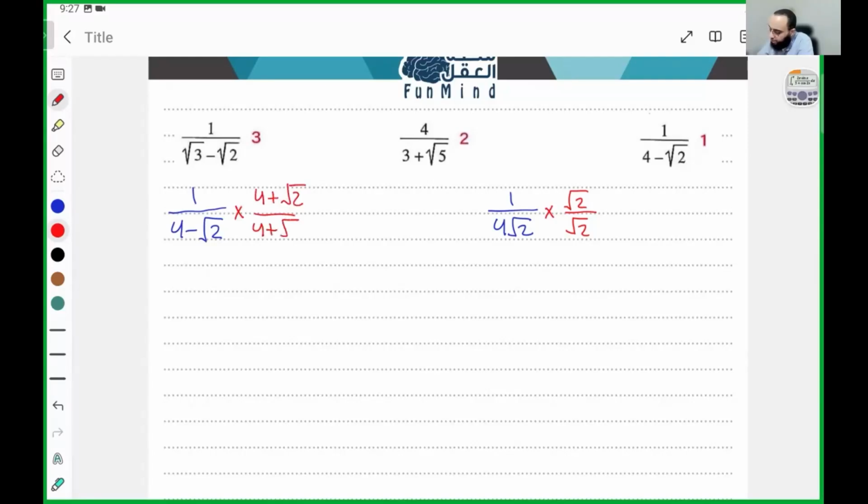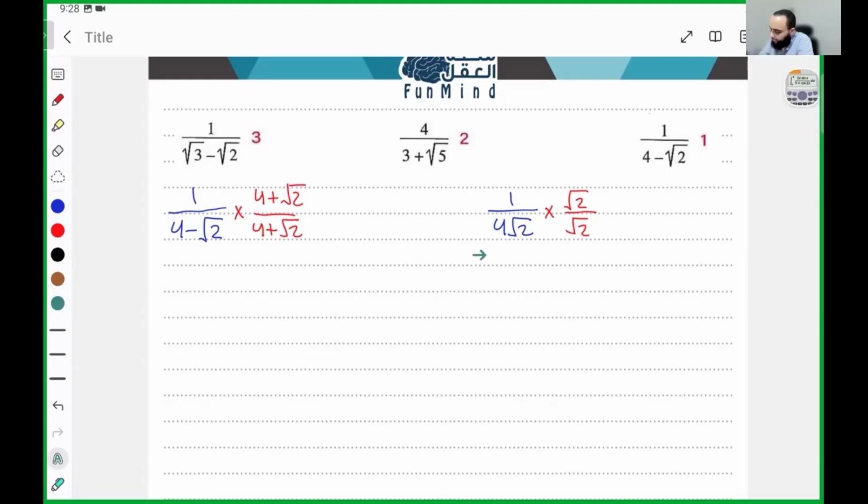What's the meaning of the conjugate? If it is 4 minus root 2, then you have to multiply it by 4 plus root 2 up and down. If it is only root 2, multiply it by root 2 up and down, because it's multiplication.